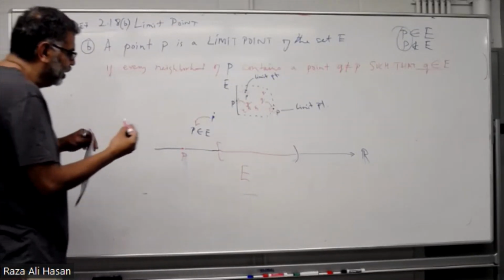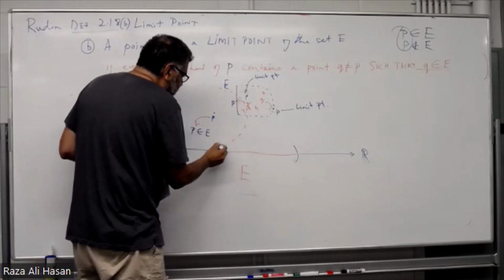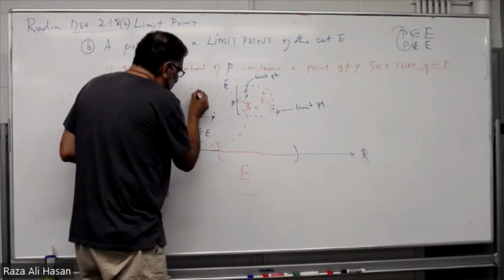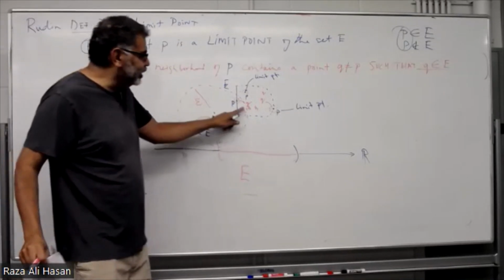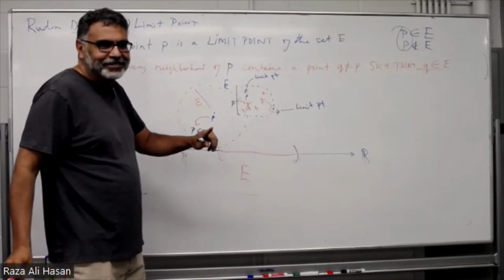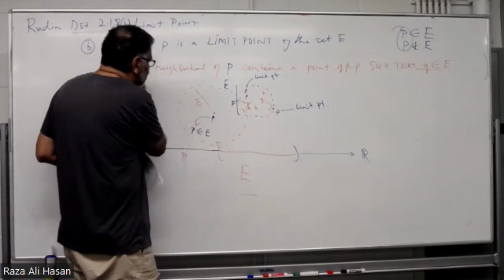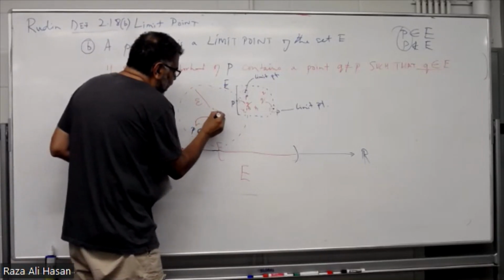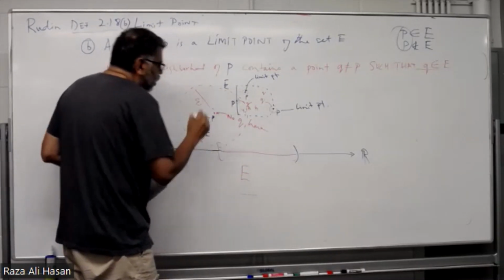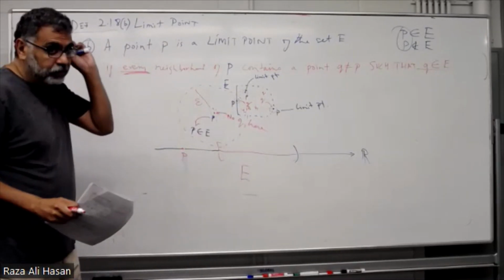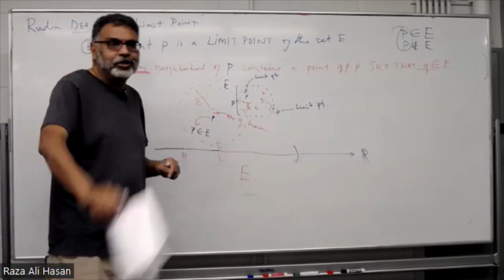But for this P, if I draw a very giant neighborhood around it, then it will catch a Q, but not for every epsilon, every neighborhood. This guy has no Q in here. Therefore, this point P, an element of set E, is not a limit point.